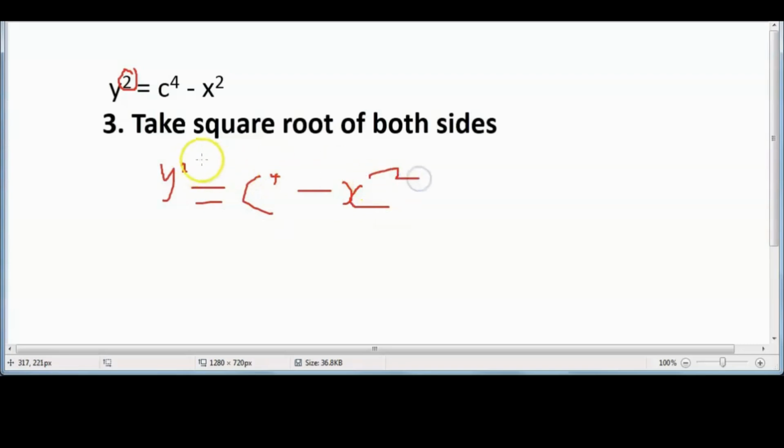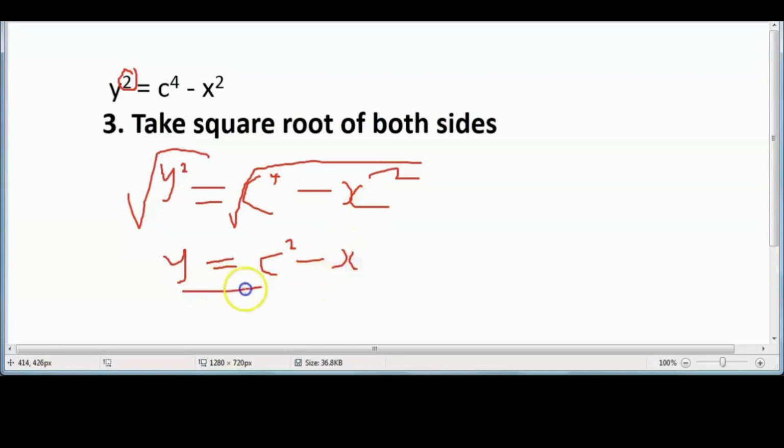So I'm going to take the square root of both sides. The square root of y squared is y. The square root of c to the power of 4 is c squared, minus the square root of x squared is x. So that's the final answer. y is equal to c squared minus x.